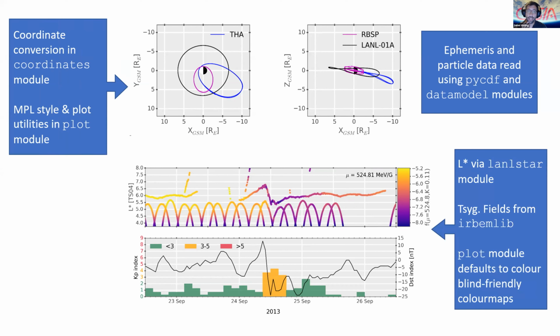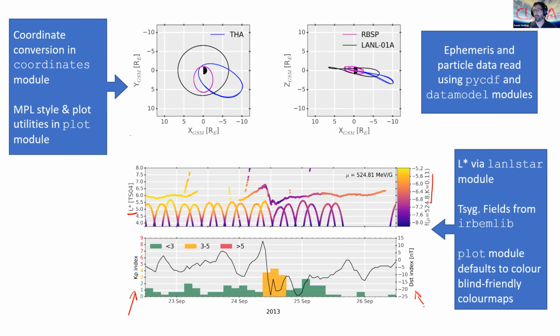When it comes to actually calculating data products, for example, in this plot we're looking at the distribution function for a given mu and K from the different satellites as a function of L star. And we want to place that in context of the state of the magnetosphere in terms of Kp and Dst over here.